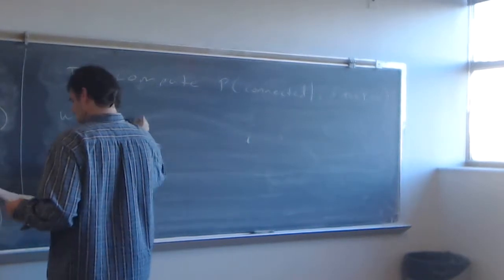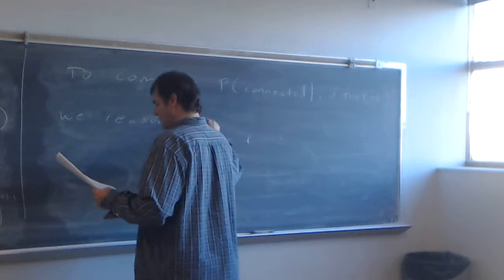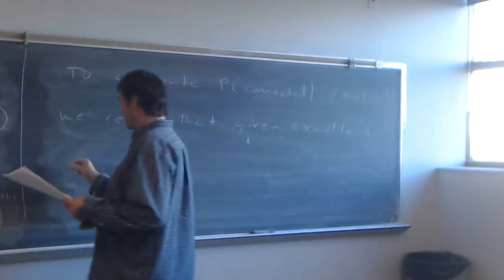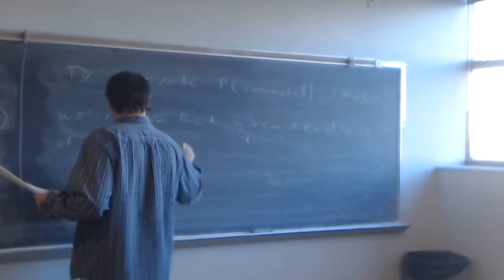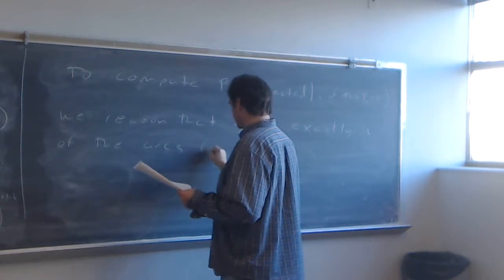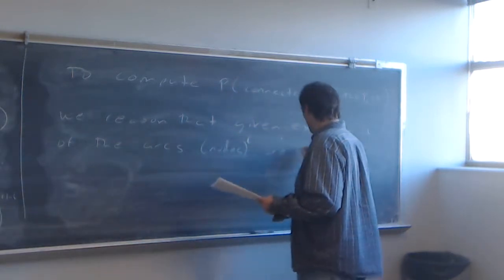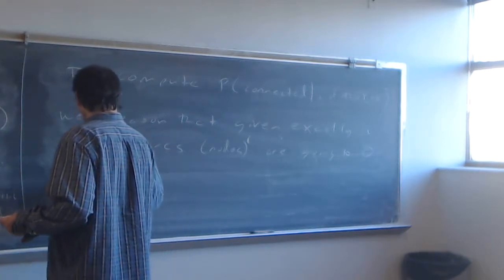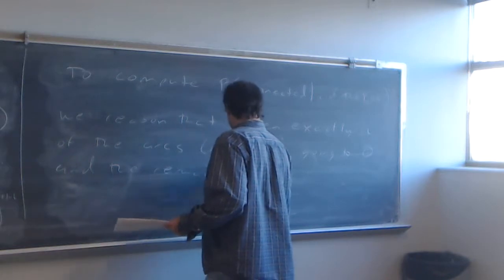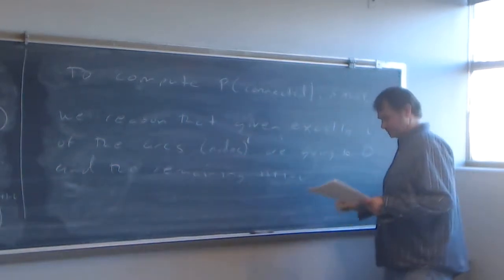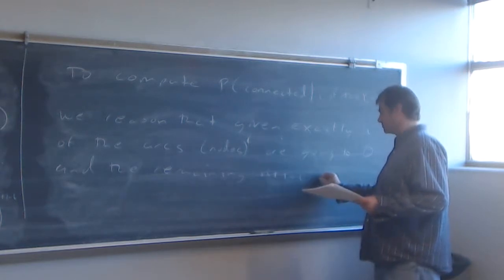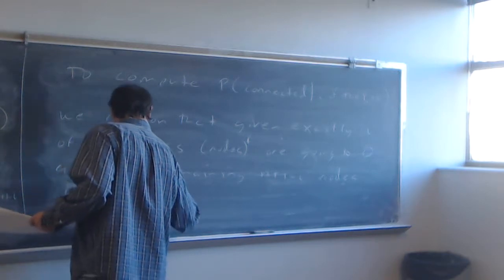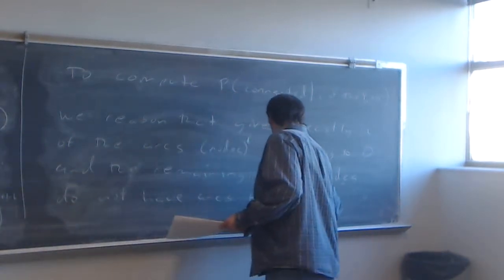We reason that given exactly I of the nodes are sending arcs to the 0th node, that supernode, the remaining n plus 1 minus I nodes do not have arcs to the 0 node.